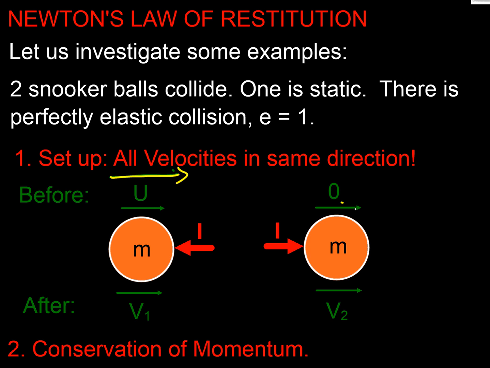My before is u in this direction and 0 for the right hand ball. I'm having all my velocities going left to right because it's important when we do the maths, and you will have that most of the time. Now after the collision, I'm assuming that the left hand ball, the cue ball, is going at v1 and the target ball is going at v2.